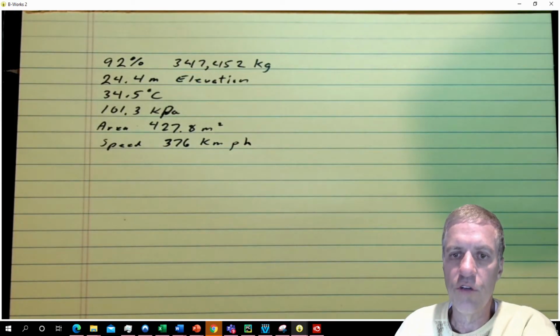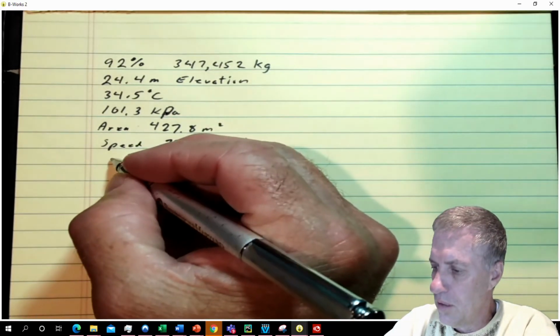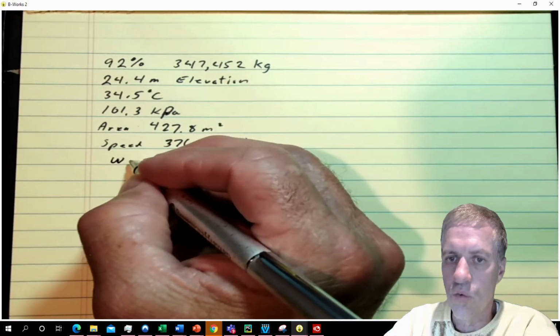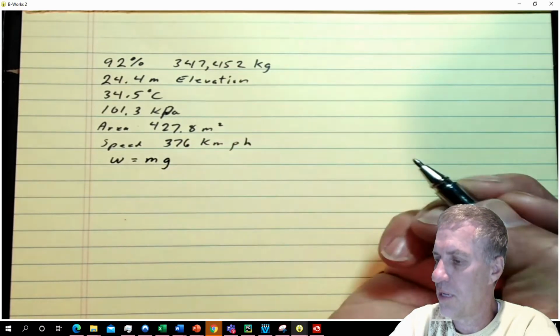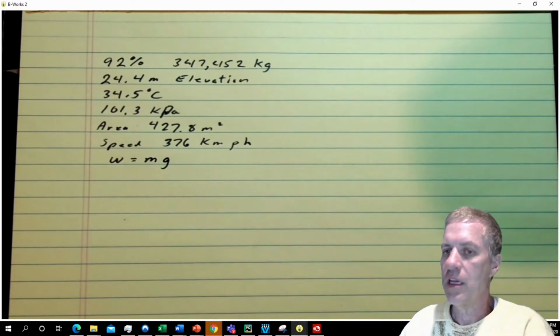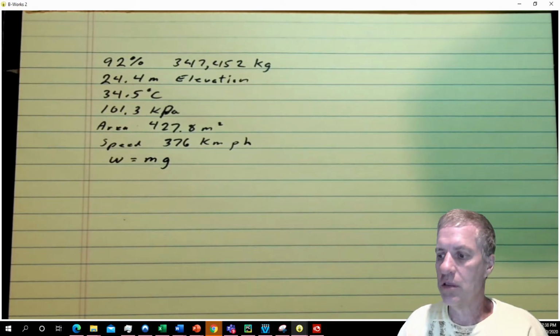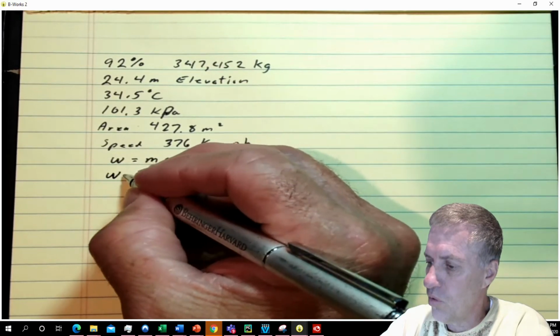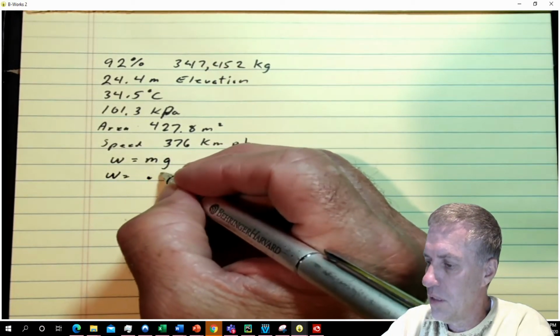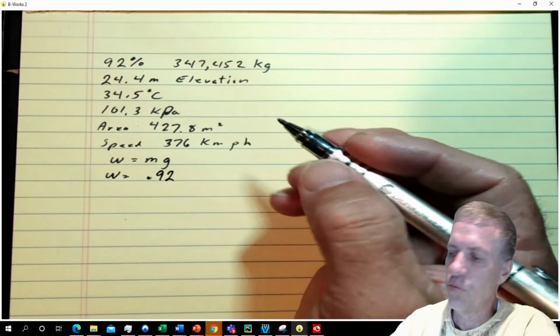All right, so the first thing we're going to do is convert mass to weight. Okay, our weight equals the mass times gravity. Now here we're at 92%, so we're going to say our weight is 0.92.